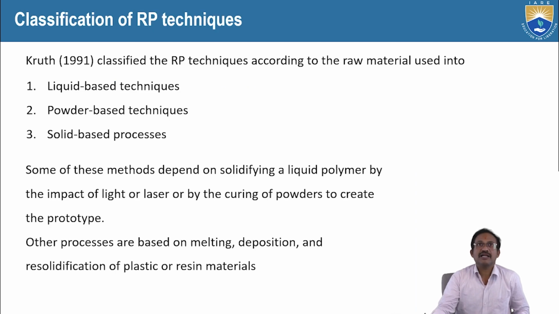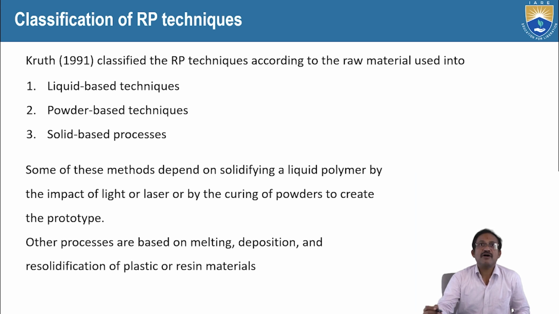First of all, let us discuss the classification of RP techniques. In 1991, Kruth classified the RP techniques according to the raw material used into liquid based techniques, powder based techniques, and solid based techniques.